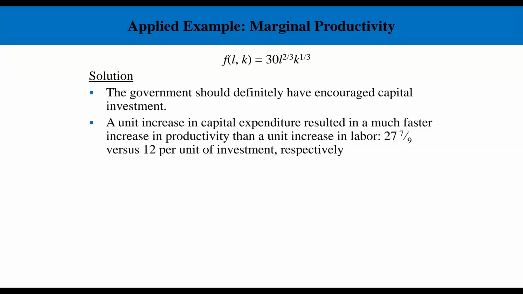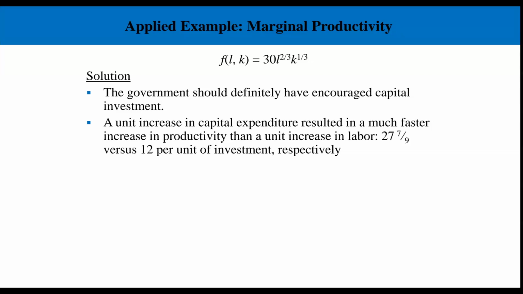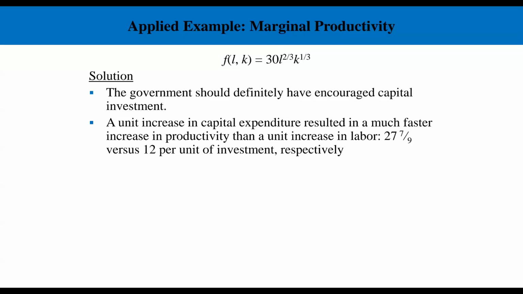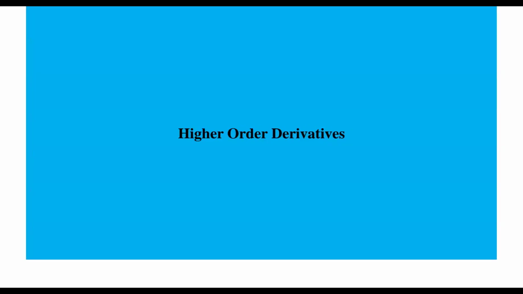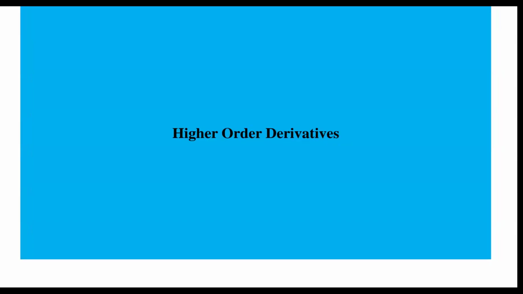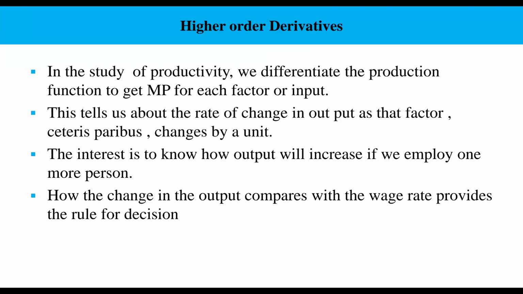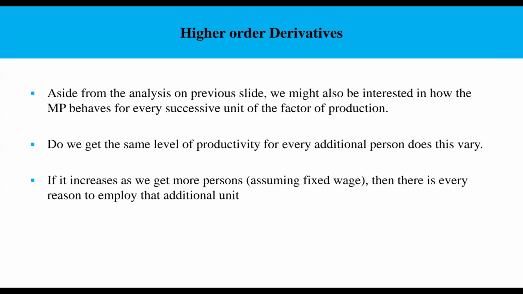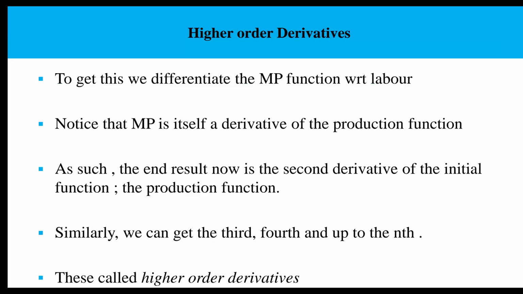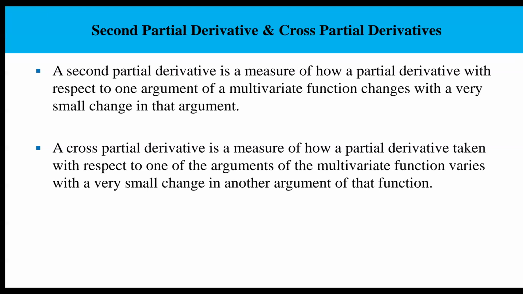Okay. So now, this is the function that we have just been given, and at least we have dealt with this, and we are better now. Let's talk about what you call higher order derivatives. Higher order derivatives are derivatives that have the powers differentiated more than once. You have to differentiate the same function several times.